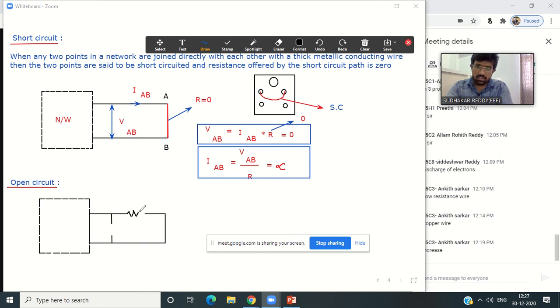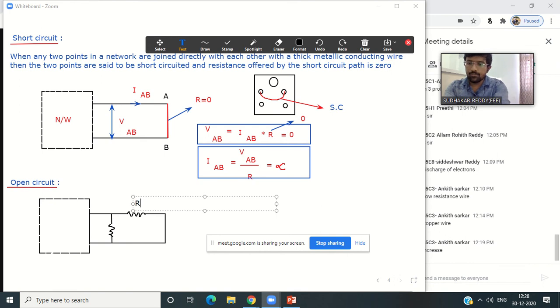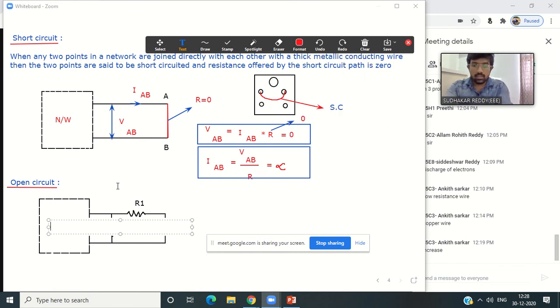I consider a network like this, with some resistors and some elements. Consider this resistance value as R1, and this resistance value as R2. This is the given network. The network may be anything, that's the reason I'm representing it with dotted lines.